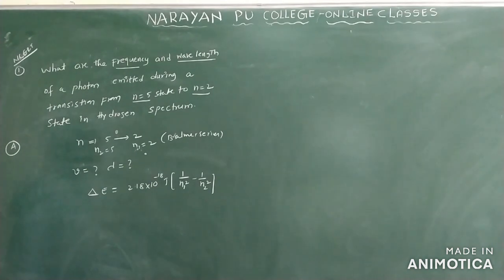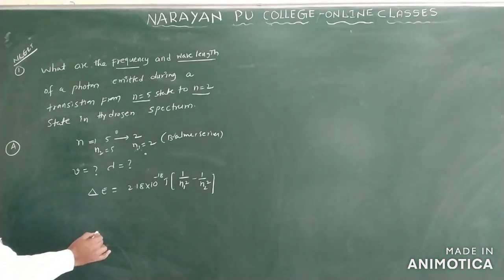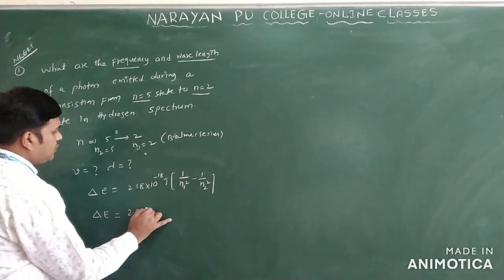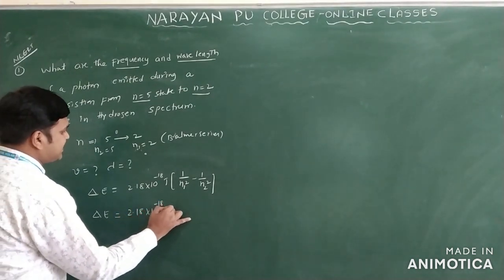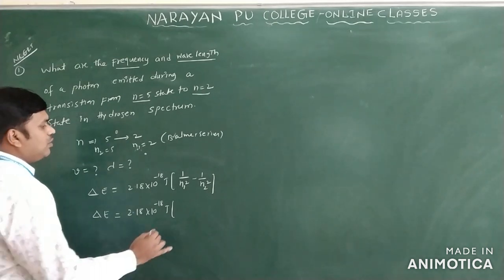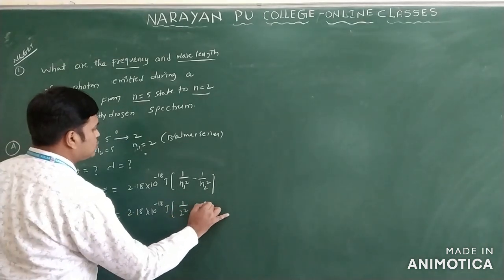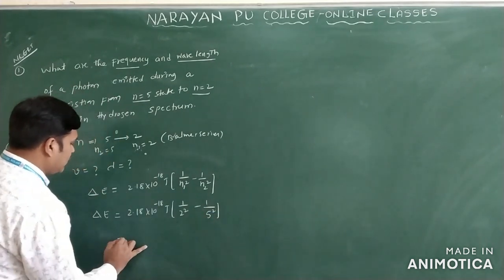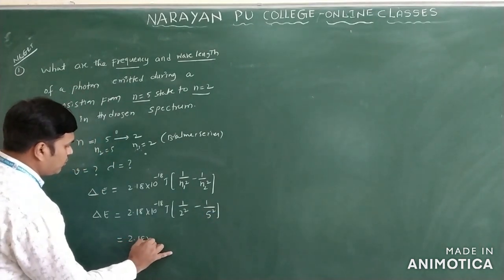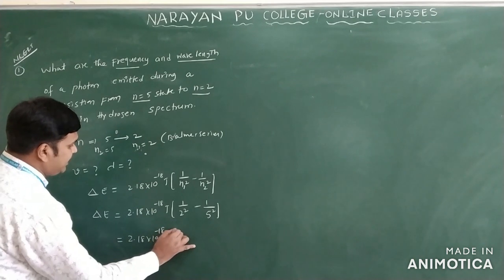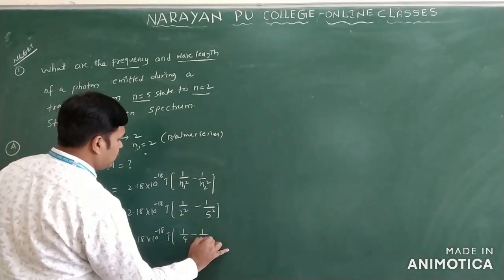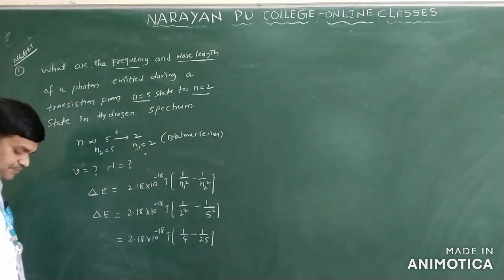Now from this I want to find delta E, that is equal to 2.18 into 10 power minus 18 joules into (1 by 2 square minus 1 by 5 square), so that is 1 by 4 minus 1 by 25.